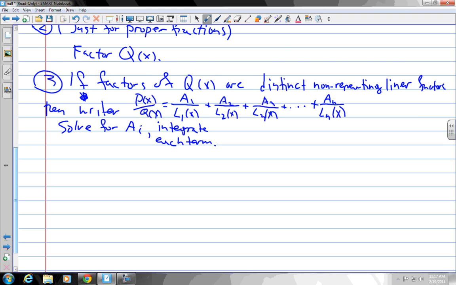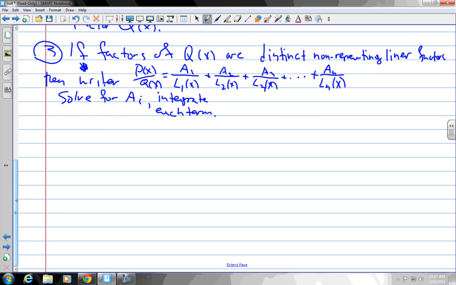So let's do an example of this. The integral of 1 over t squared plus 3t minus 4 dt. That's a proper fraction, right?